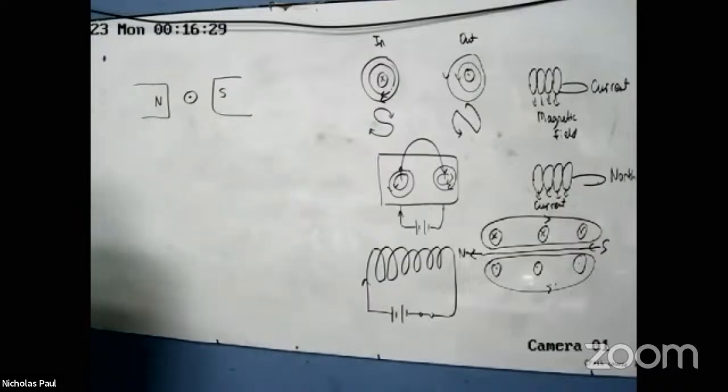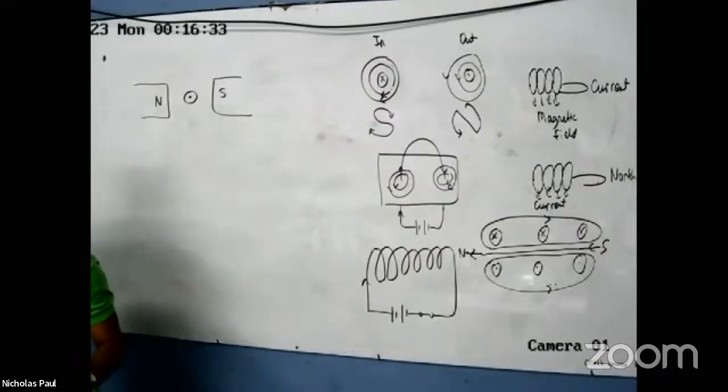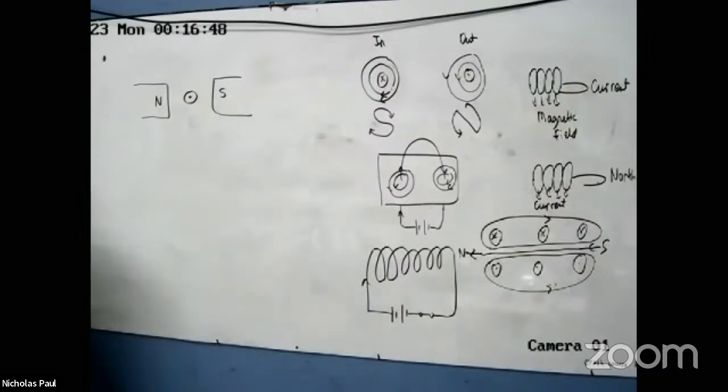The left hand rule is used to find force and the right hand rule is used to find current. This is called the motor rule, generator rule. Motor and generator, force, current, right?